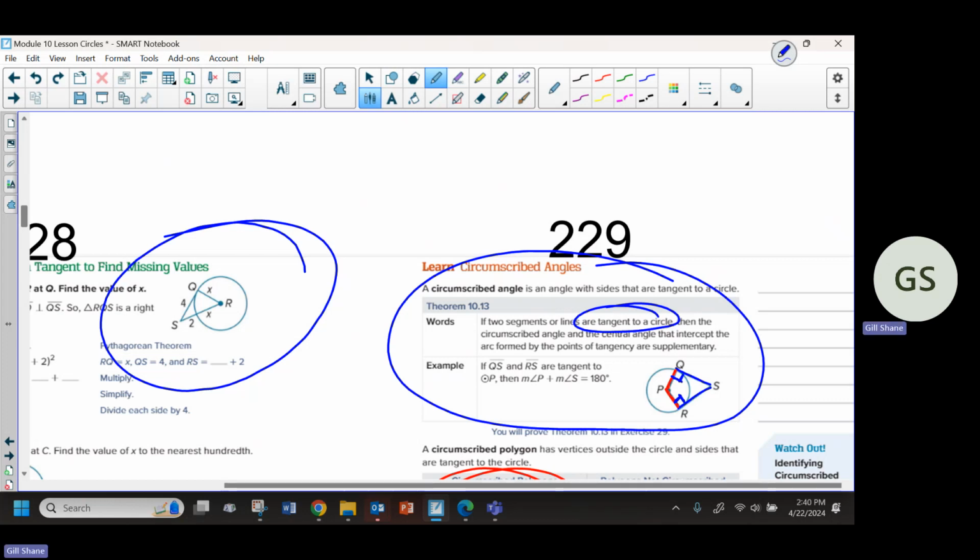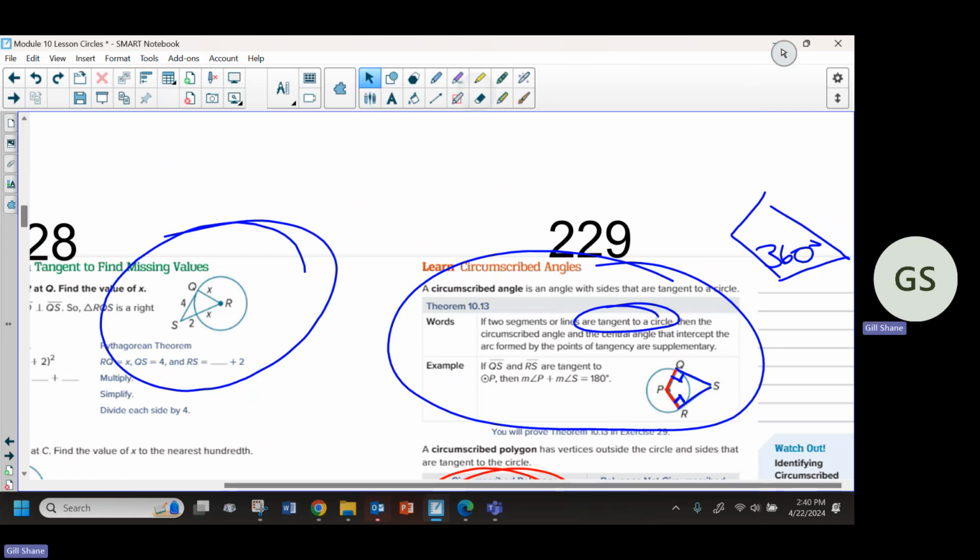So now using some of our old stuff, if I know every four-sided figure has 360 degrees, I know this figure, PRSQ, is a 360 degree figure, or the interior angles add up to 360.